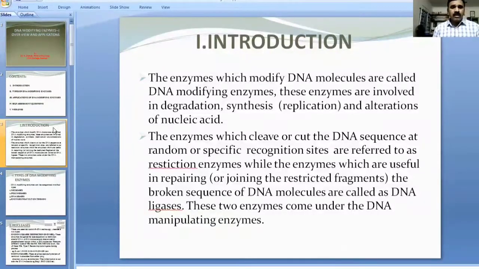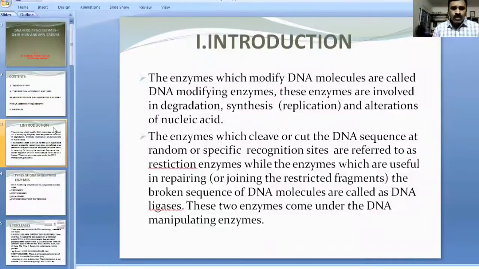Number one, synthesis or replication of the DNA molecule. The second one is the alteration or change. They can change the nitrogenous base pairing in the DNA molecule. And the third one is the degradation or removing of nitrogenous bases from the DNA molecules.